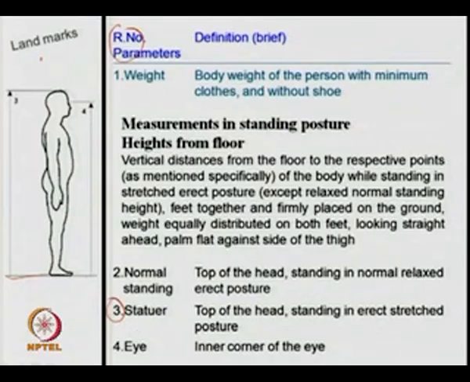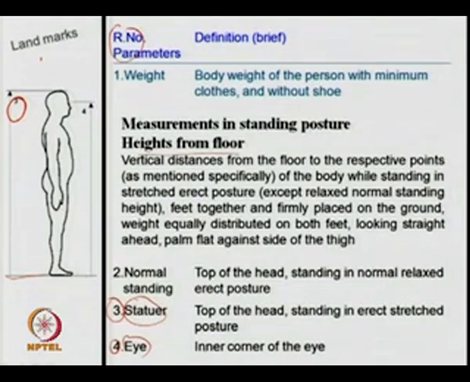Stature is a parameter, height is a parameter, this 3 is the reference, 4 is the reference. Now, in this figure, this 3 is the stature, meaning top of the head standing in erect stretched posture, height from the floor.